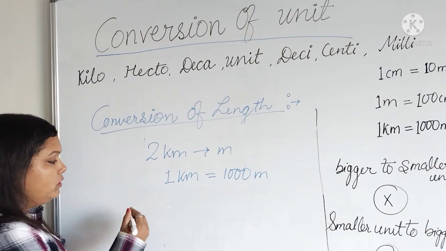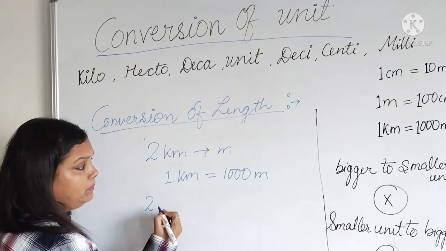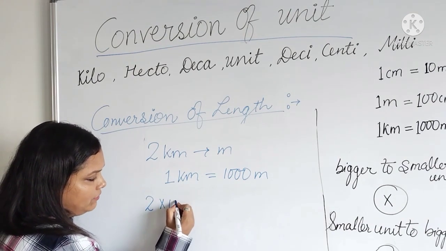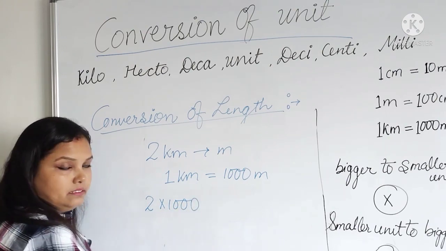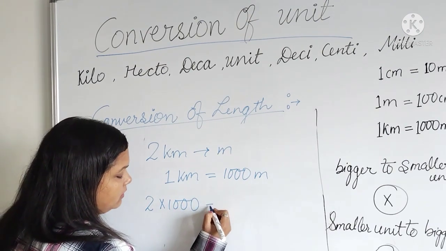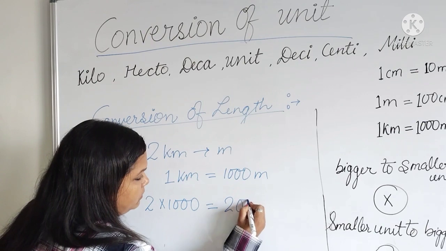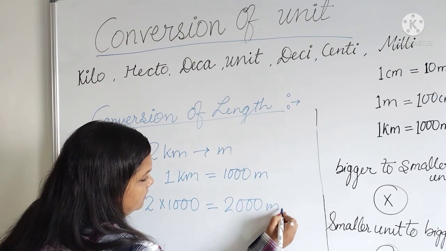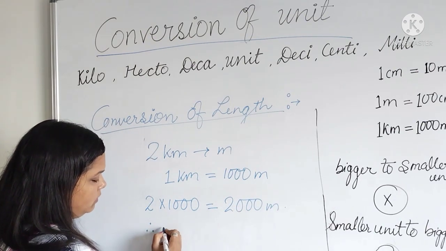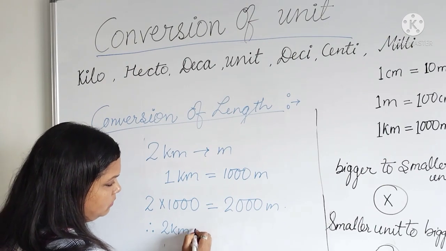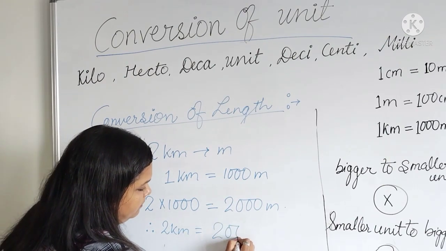So to convert 2 kilometer into meter, we need to multiply it with 1000. Then we are going to get 2000 meter. Therefore 2 kilometer equals 2000 meter.